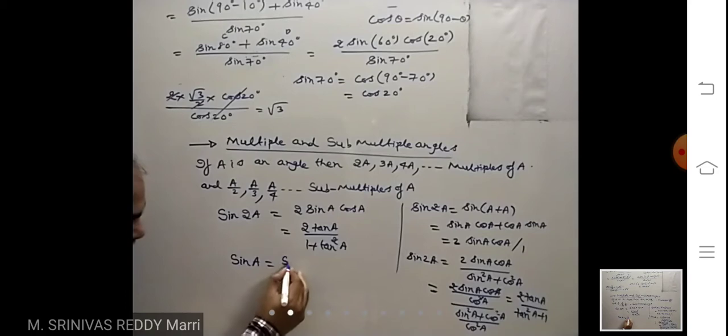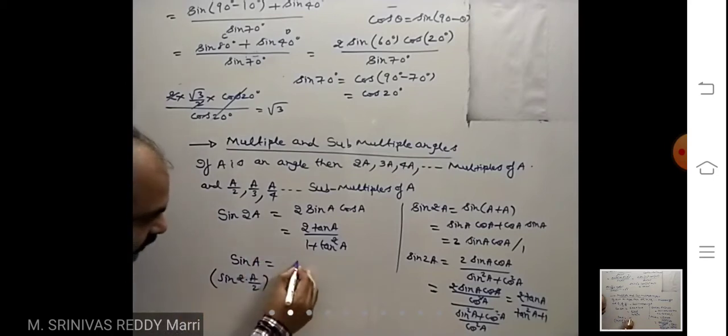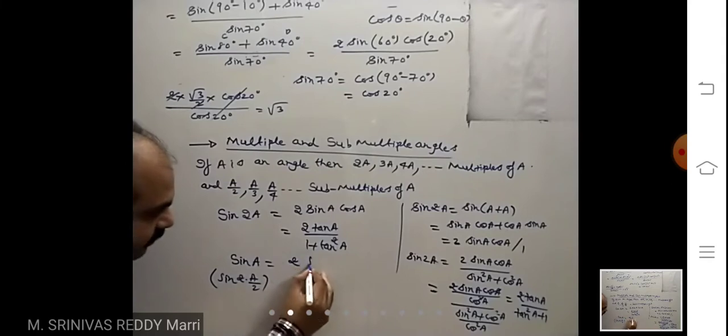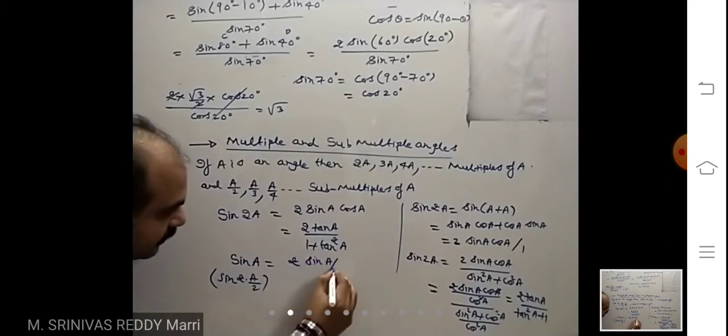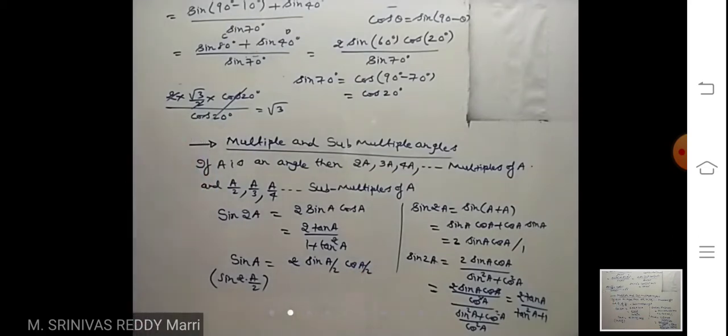Then the same formula, we will write like this: 2 into A by 2. That means in sine 2A, you get 2 sine A by 2 cos A by 2.